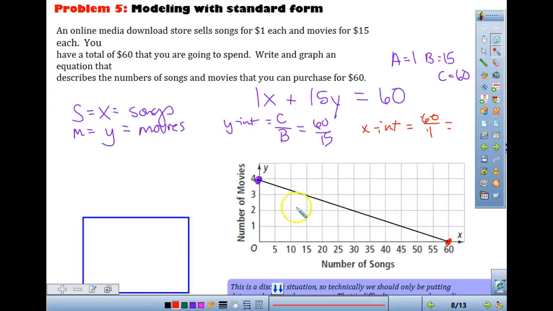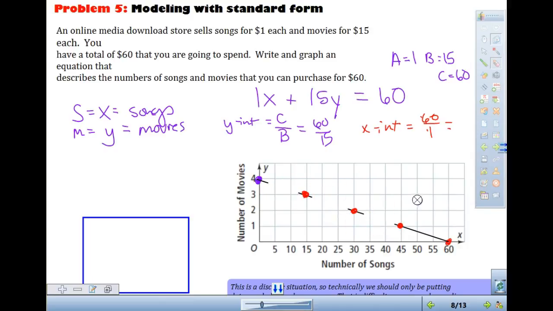But can we really have half a movie? No. So what are we really looking at? We are really looking at just these points going here, right? This is a definite discrete graph, okay?